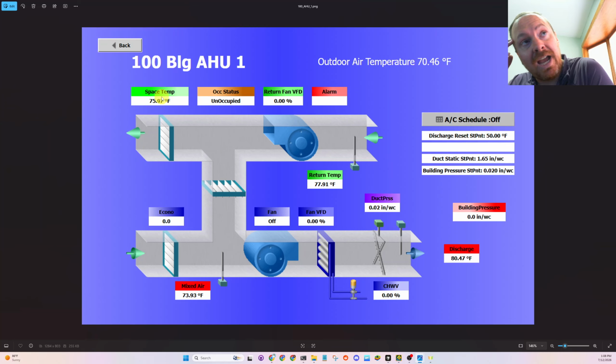Sometimes we average all of the space temps, and then sometimes we select about 5 or 6 space temps to get averaged. We'll apply fault equations to mixing air temp sensors, space temp sensors, return air temp sensors, duct static pressure.